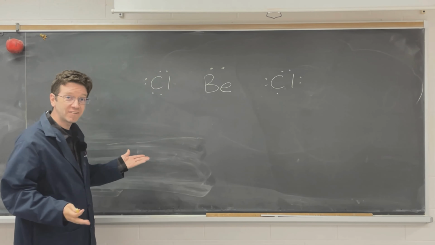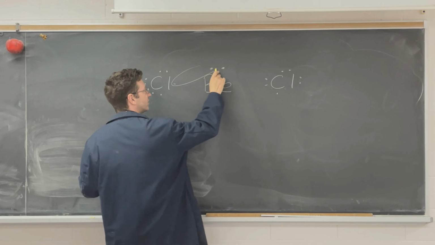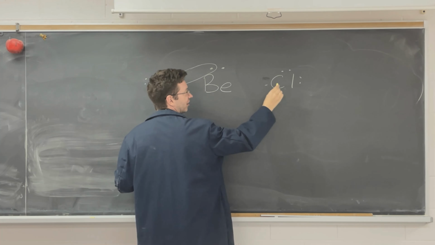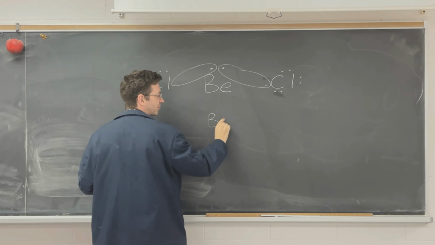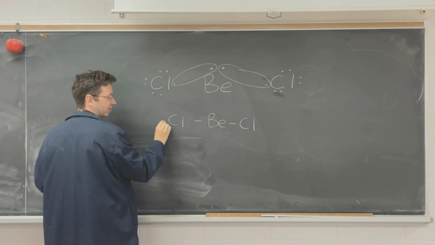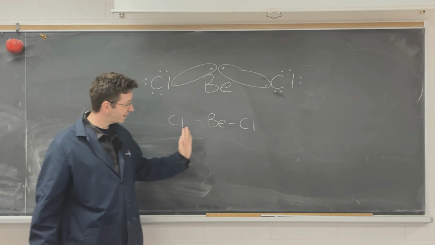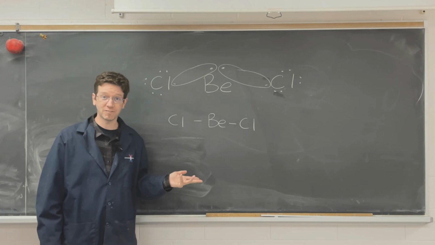Grade 11s or even grade 10s would probably look at this and say, well, let's share these 2, and let me move this one down here, and let's share these 2. And you end up drawing a diagram that looks like this, with all your electrons around there. And that is a linear shape, which is actually the shape we teach to our grade 12s.